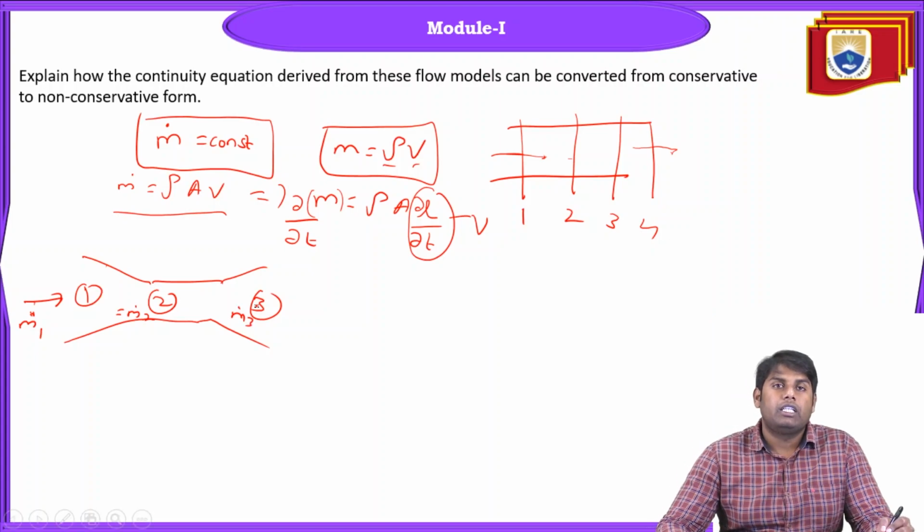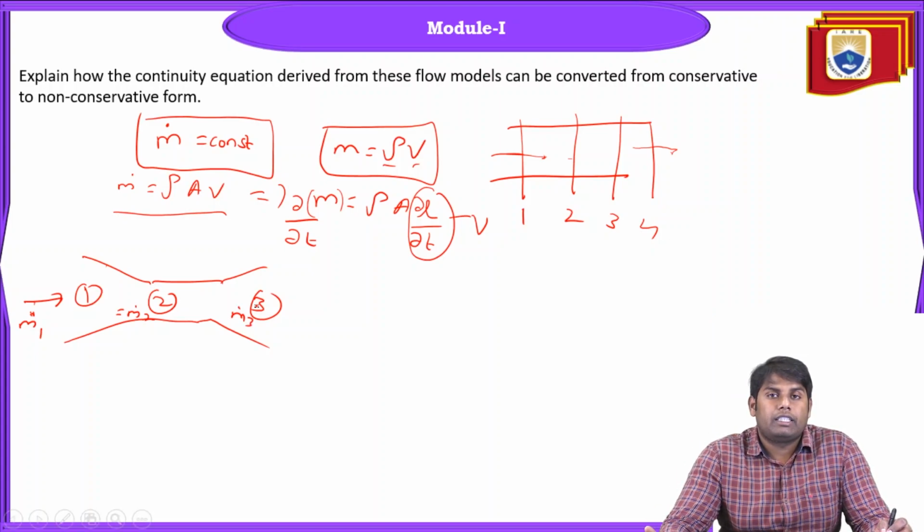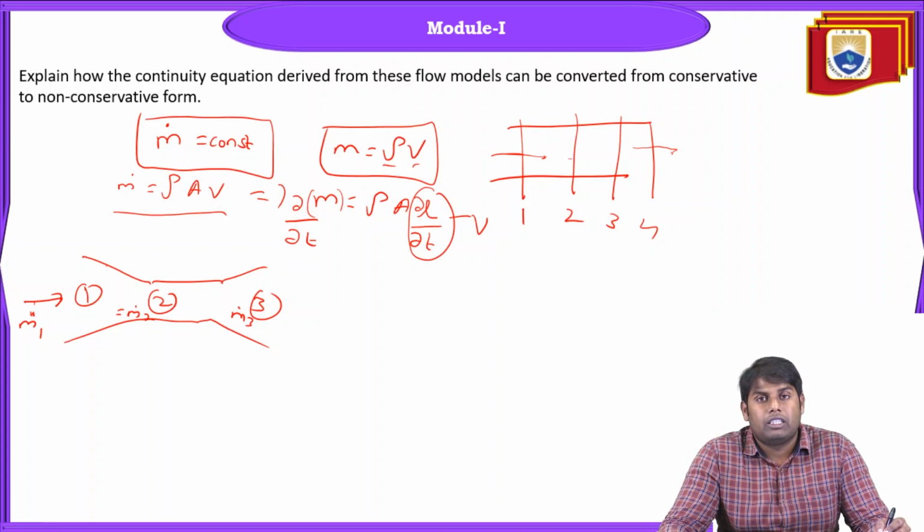The meaning is that the mass flow rate at sections 1, 2, and 3 is equal. Since the mass flow rate is constant, it is constant.